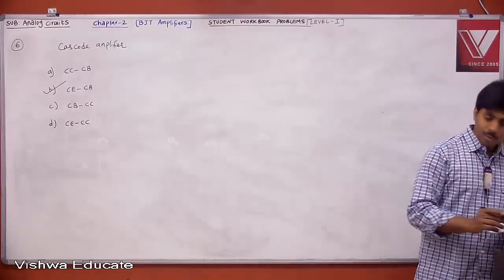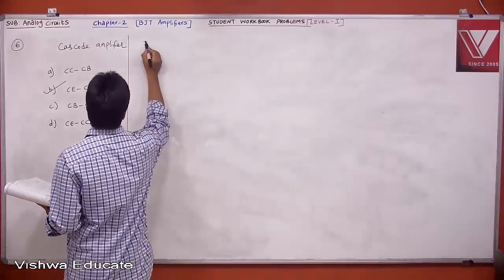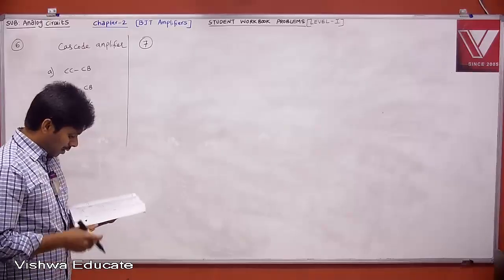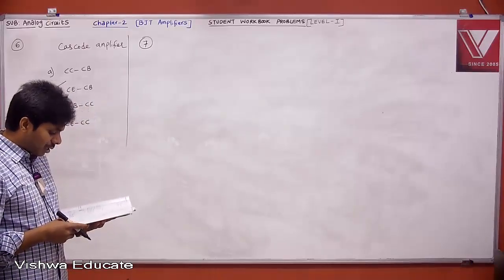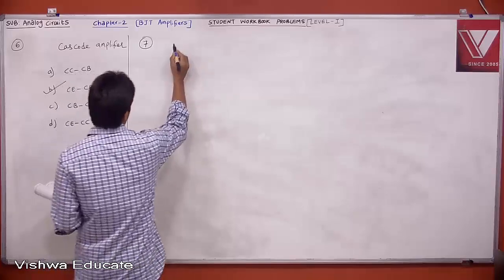Okay, write down problem number 7. This is done. Now problem number 7. For NPN transistor connected as shown in figure, VBE is equal to 0.7 volt.